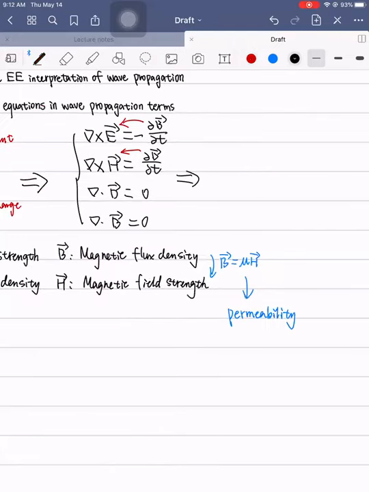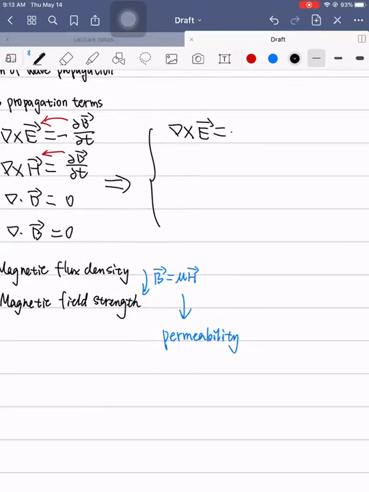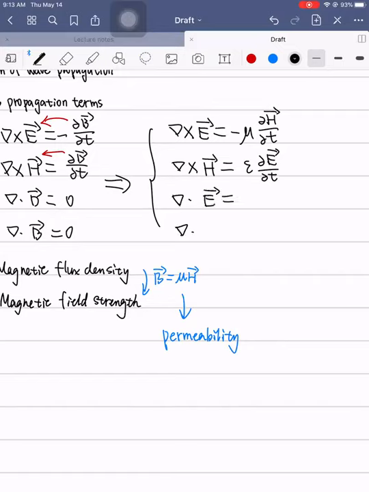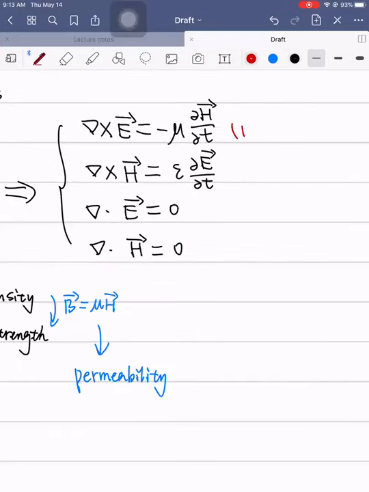So these four can first become, and I want to label them as 1, 2, 3, 4.